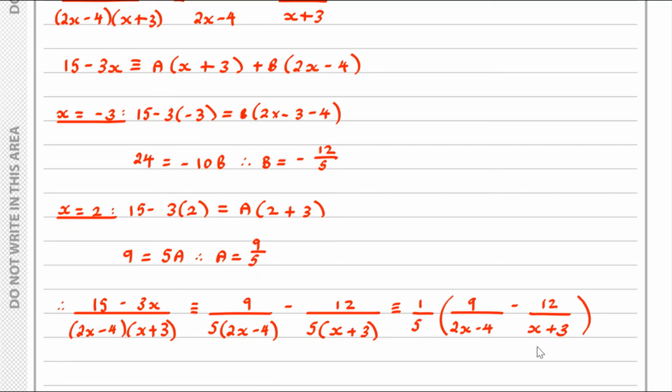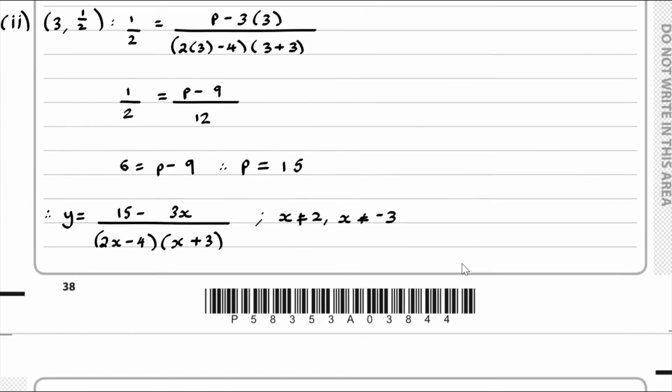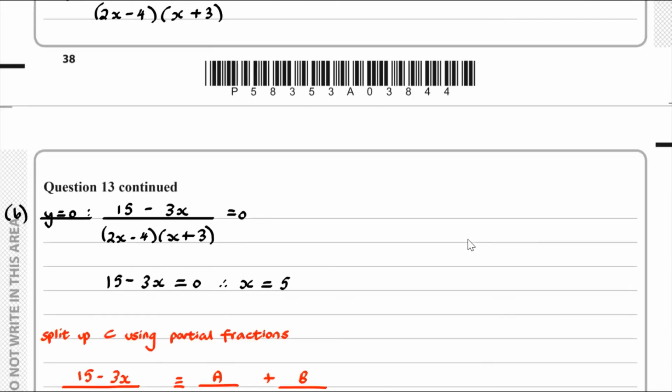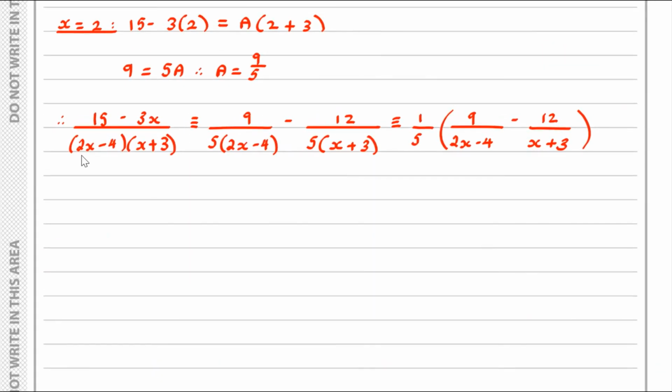So what we need to do in this question is integrate under the curve between 3 and 5. So let's do that. We need to integrate this equation here, this (15 minus 3x) over (2x minus 4)(x plus 3). We need to integrate this with respect to x in between the limits 3 and 5.